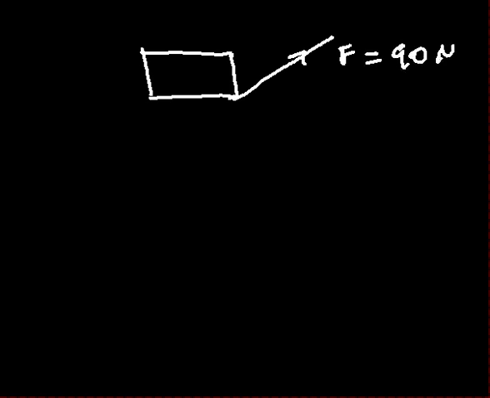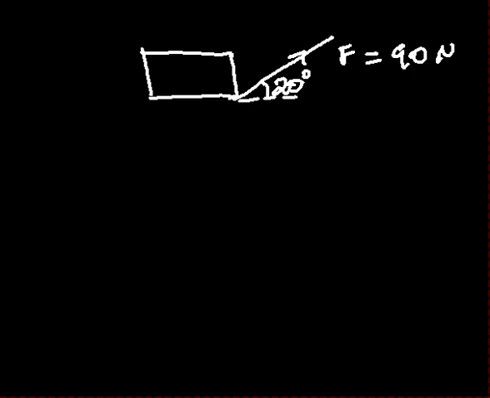Now let's say we have the same system, with this object, and a force acting at an angle. Let's say the force is 90 newtons, acting at an angle of 20 degrees with respect to the horizontal.